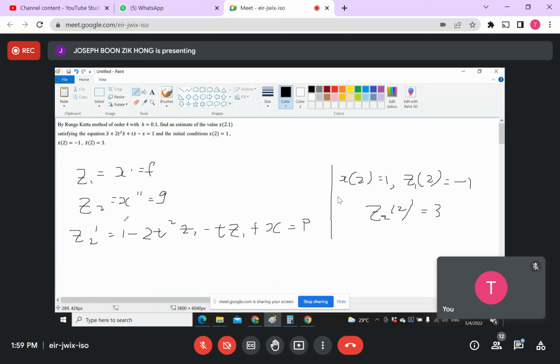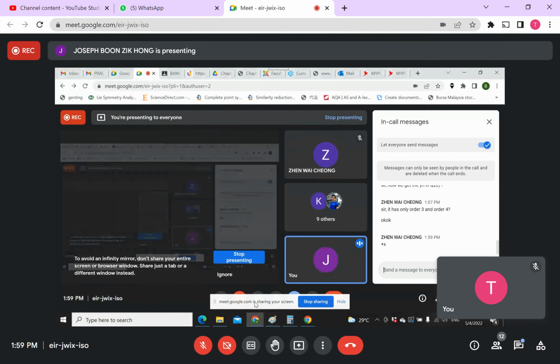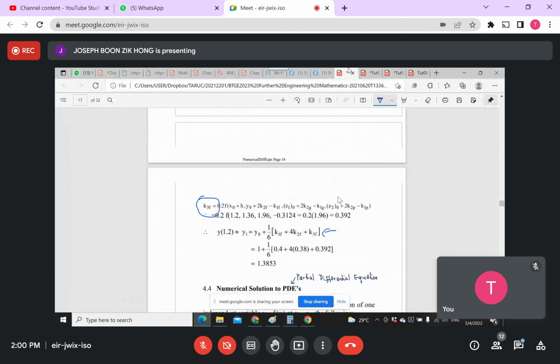Okay, so now let's see. I have these three. Now I try to get the K1F first. But when you are trying to find the K1F, what are you using based on the formula? Sorry, let me get the formula.